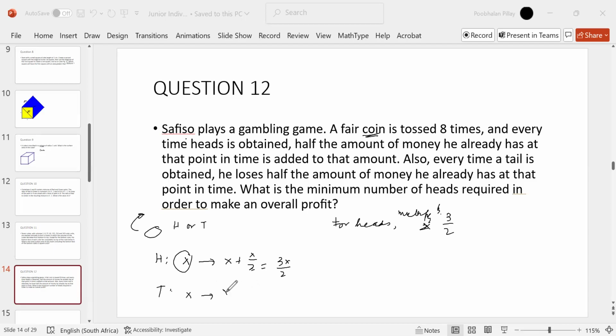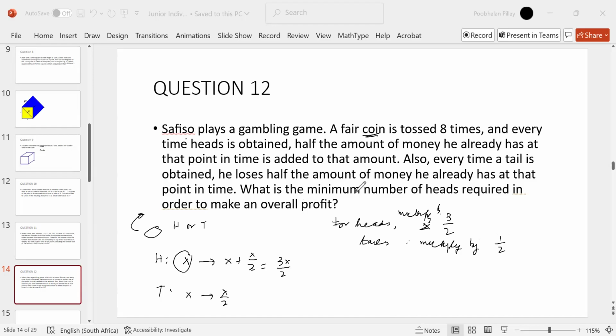Half of it goes away, so he only has half of it, right? So for tails, you multiply by half. Sorry, my writing is so bad here. I'm left-handed and it's not easy for me to write like this. So each time you have a head, you multiply by 3 over 2. And each time you have a tail, you multiply by half. Okay.